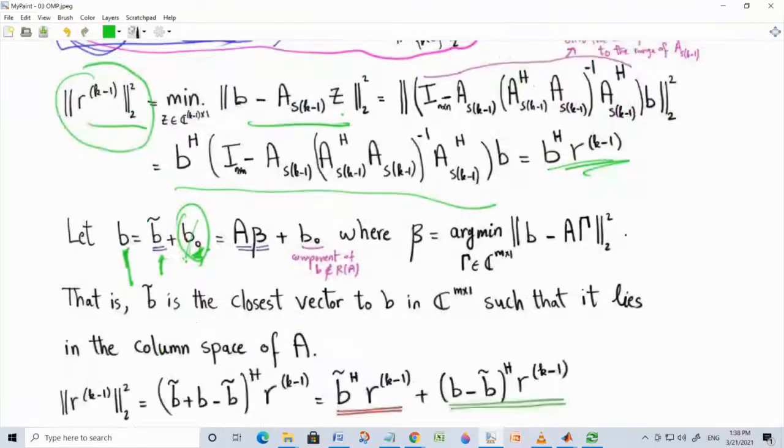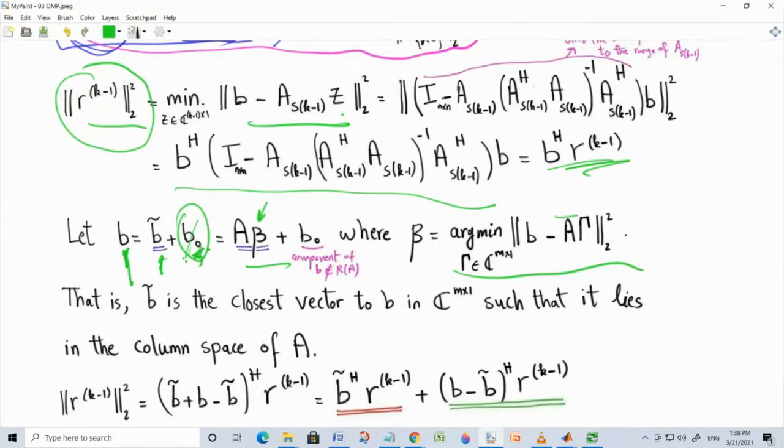So b has a component that is in the range of A, and another that is not in the range of A. Beta, the vector of coefficients, comes from a least squares problem. These are the coefficients to write b in terms of the columns of A, and the minimization is over all the columns of A taken together.